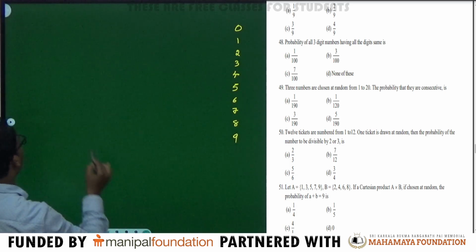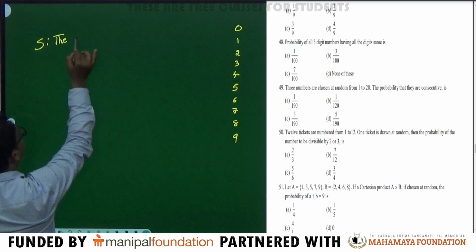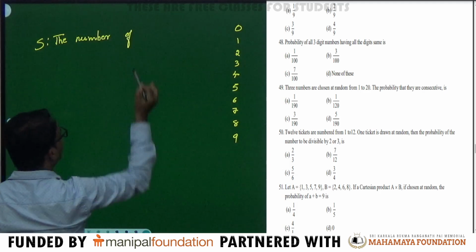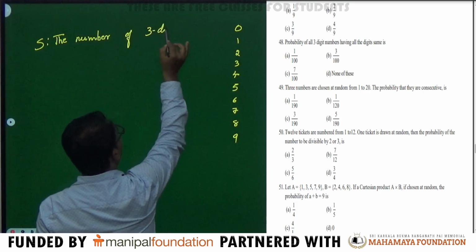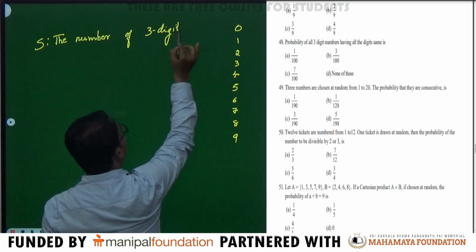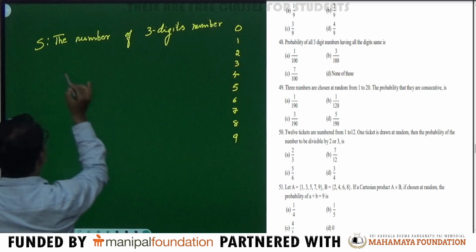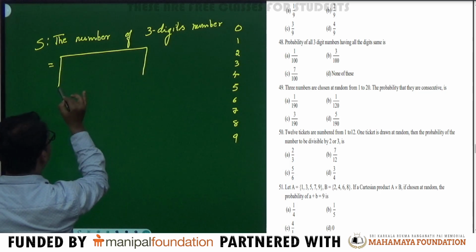Therefore, the sample space will be the number of 3 digit numbers. We are going to find the number of 3 digit numbers by using permutation.